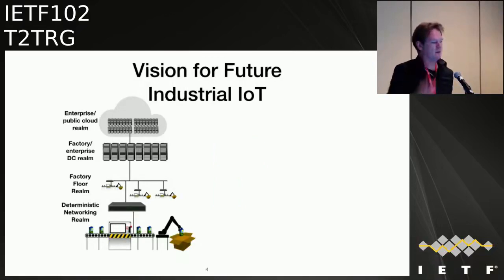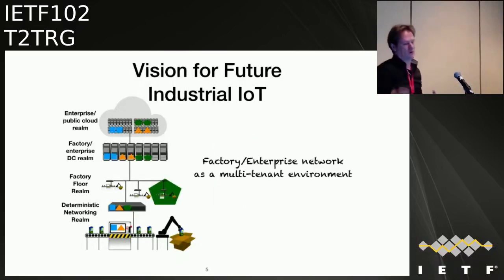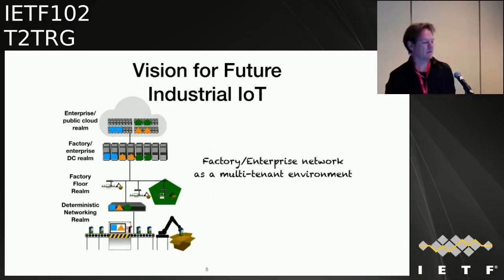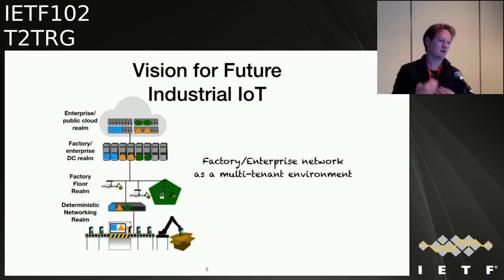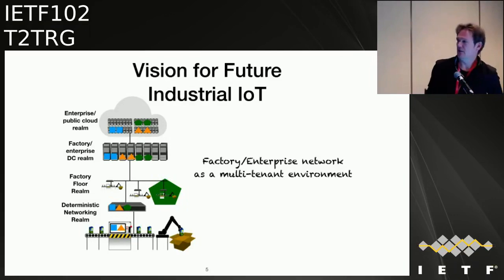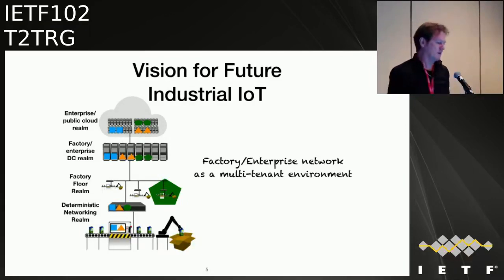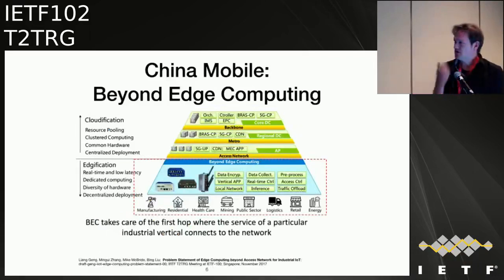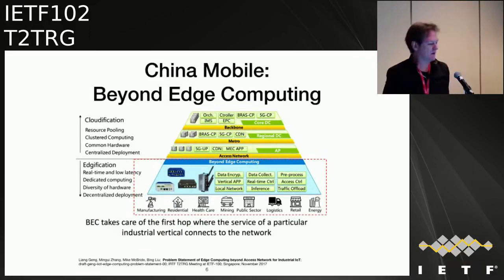So you could say, when doing this, your factory becomes like a multi-tenant environment. You have different functions, physical functions but also software functions, and they are sharing one infrastructure, and that wants to be managed. Earlier in a previous meeting, colleagues from China Mobile presented the idea of beyond edge computing.